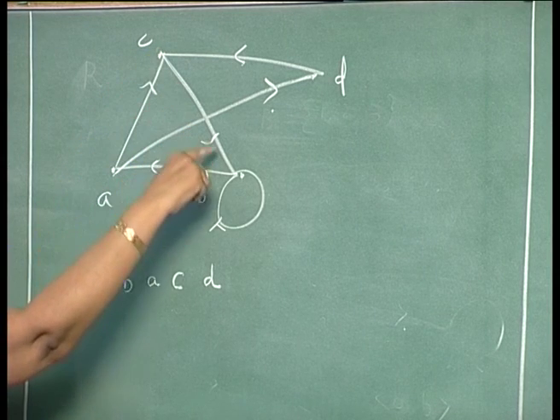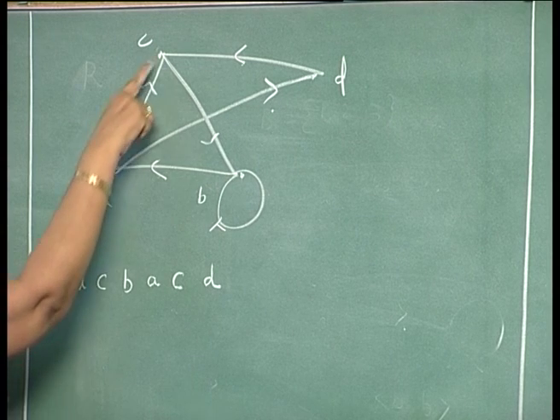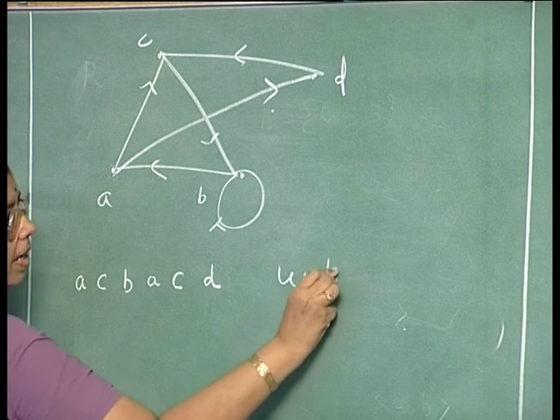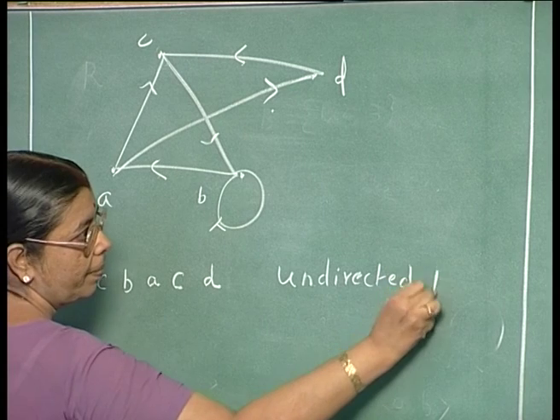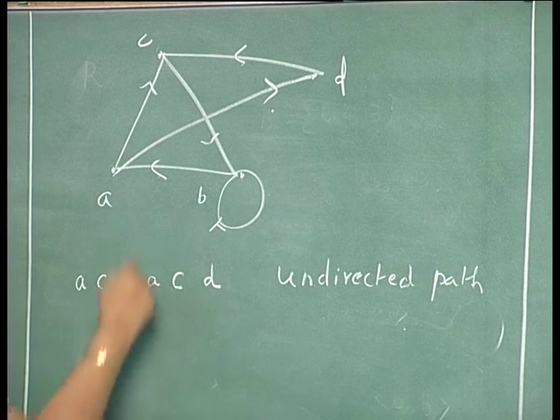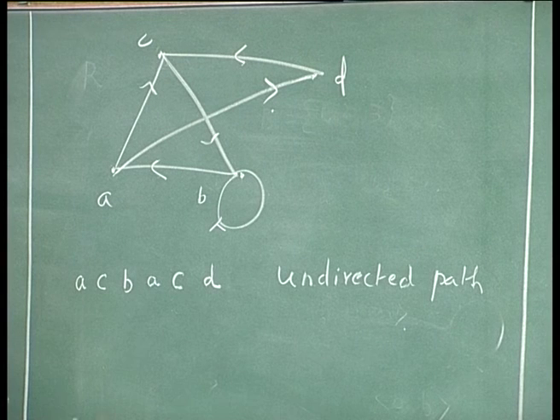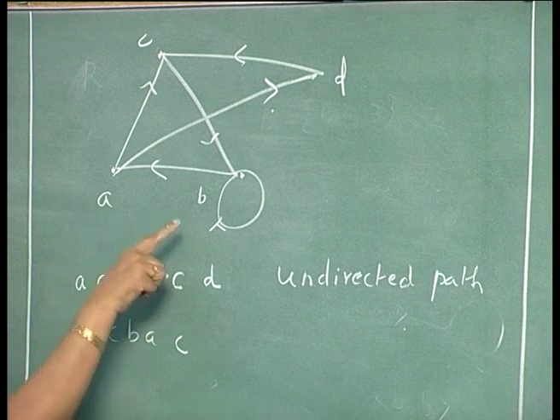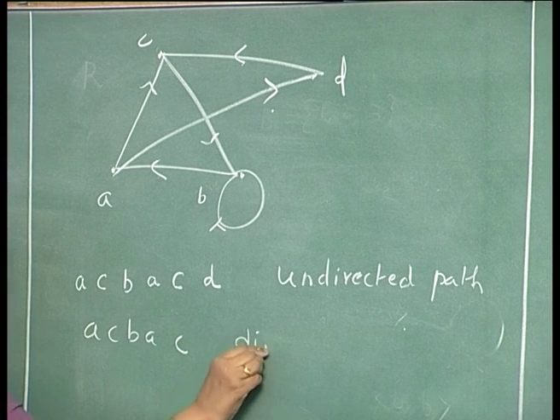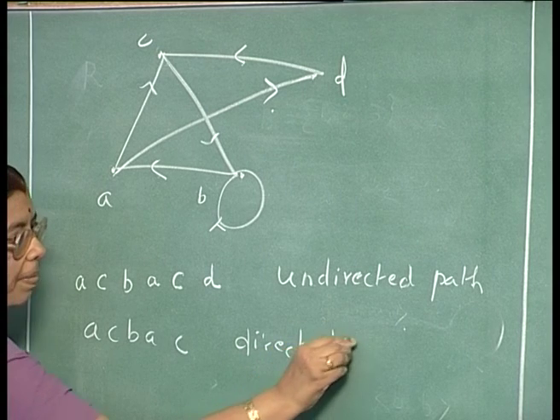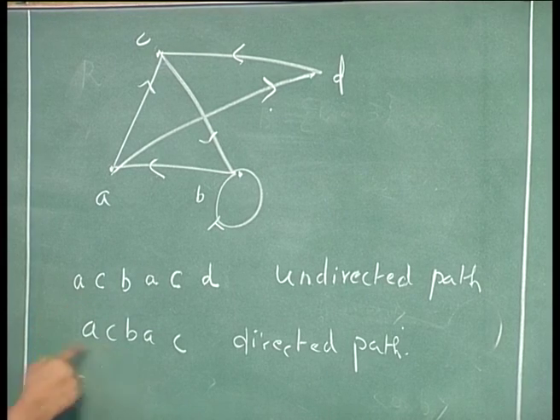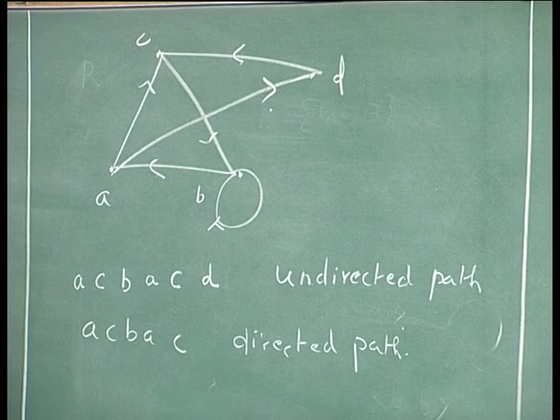A, C, B, A, C, D is a path, but it is undirected because in the last step D to C it is not directed in the usual way, it is in the other way, it is directed from D to C. Suppose I consider A, C, B, A, C, this is a directed path. But the node A appears twice in that, C also appears twice.